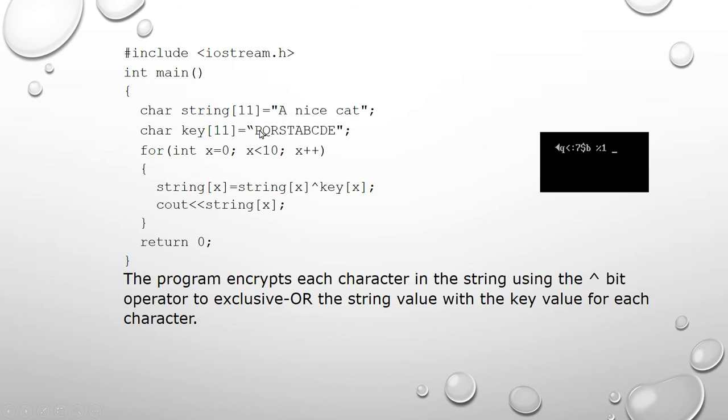First time A caret of P is there, then blank caret of Q is there, N caret of R is there. In such a manner it should evaluate and store in which variable? String variable. Okay, so here the equal to symbol is not there.